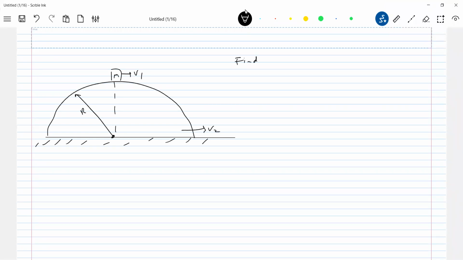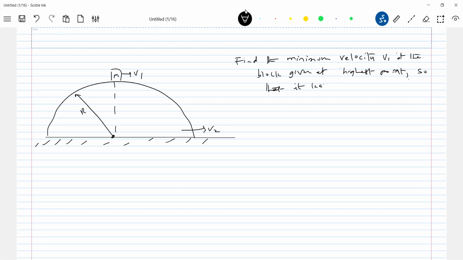Find the minimum velocity v1 of the block given at the highest point so that it leaves the moving hemisphere.